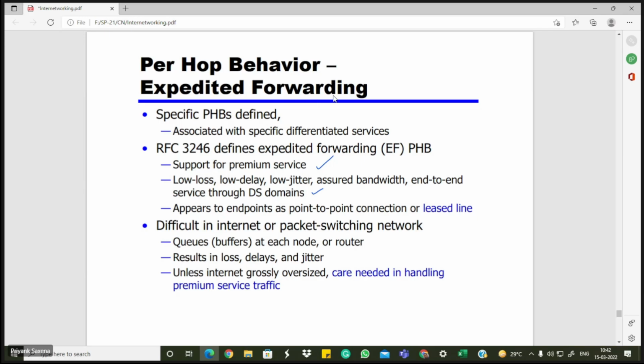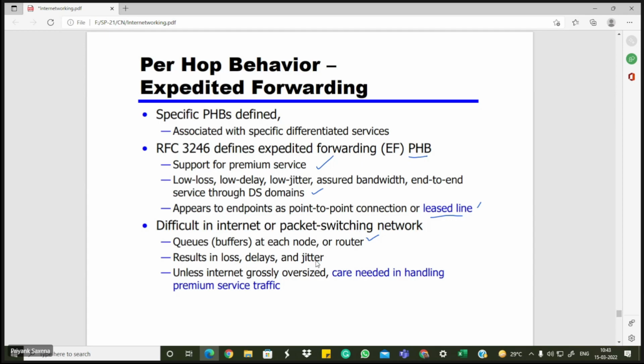It appears to endpoints as a point-to-point connection or leased line. This is difficult in the internet or a packet switching network with queues at each node or router, so we have to minimize them, because whatever delay, loss and jitter happens is due to managing the queues at the routers, right?